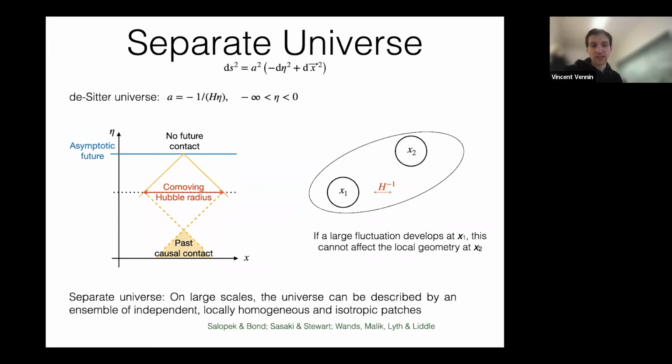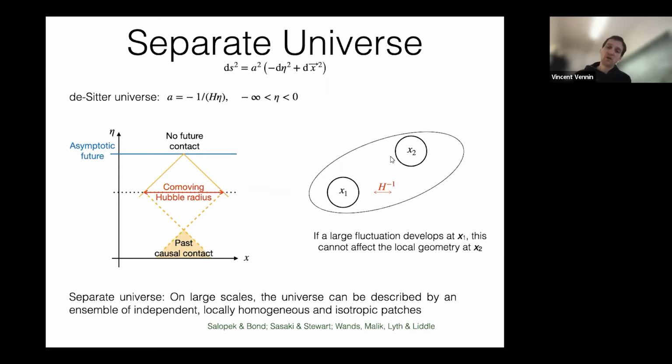And because of that, one can design what is called a separate universe approach, which essentially tells you that on large scales, larger than the Hubble radius, we can describe the universe by a collection of independent patches, locally homogeneous and isotropic patches, and all of them are independent.